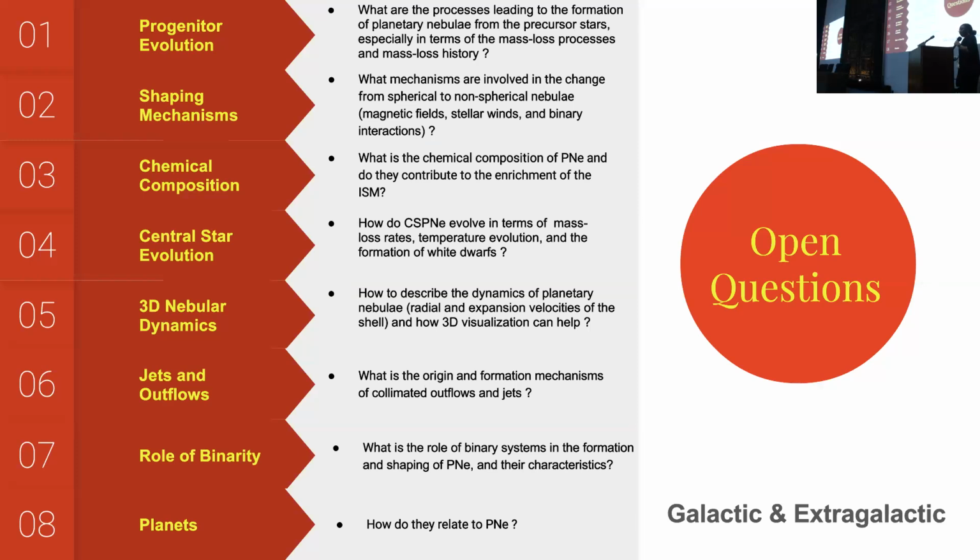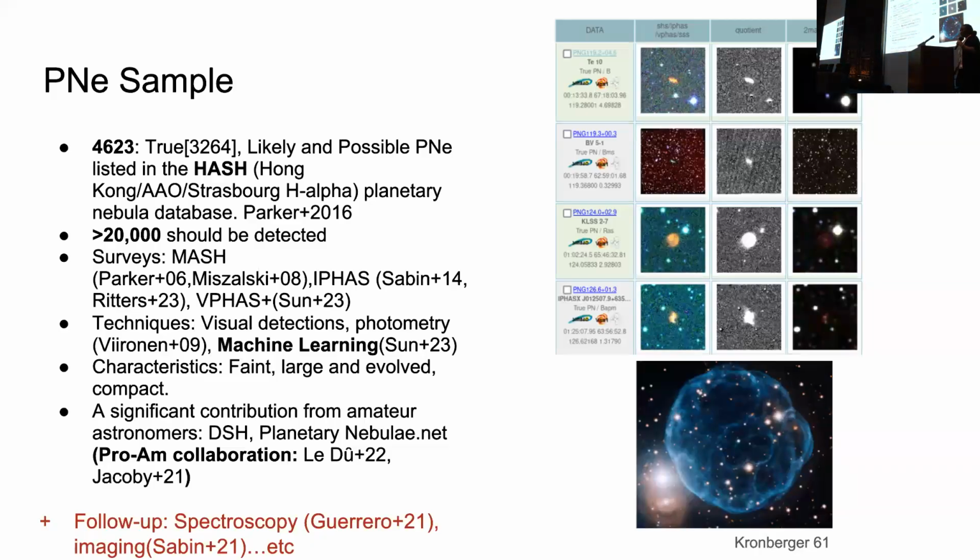The role of binarity, the same: how binarity acts in the shaping and also in determining the chemistry of your object. And again, how do post-AGB stars relate to planetary nebulae?